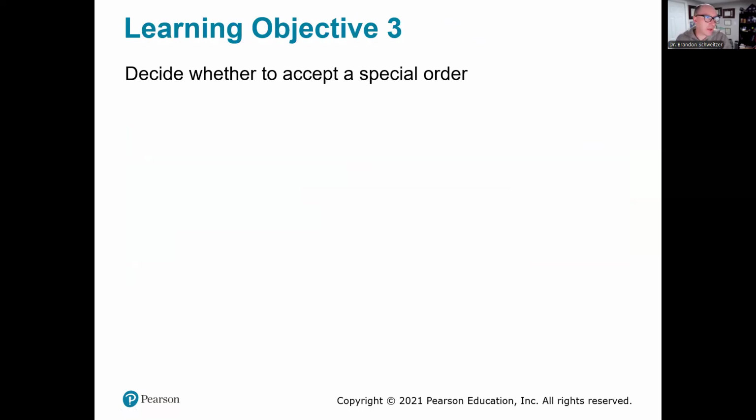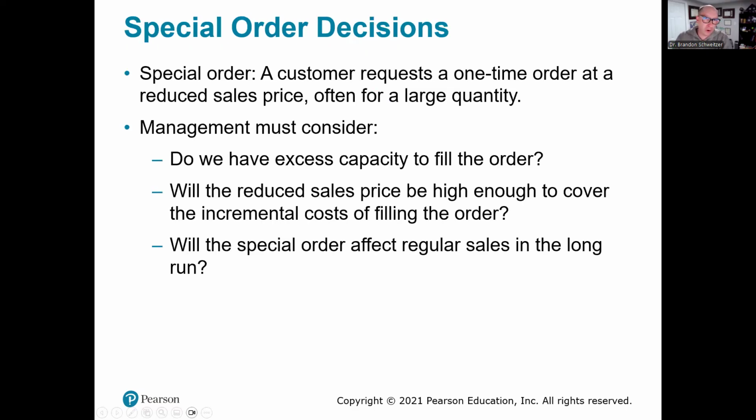Another decision that management is oftentimes faced with is with accepting a special order. A special order, as I had mentioned earlier, is when a customer requests a large bulk quantity type of order, and we need to figure out whether to accept that order or not.